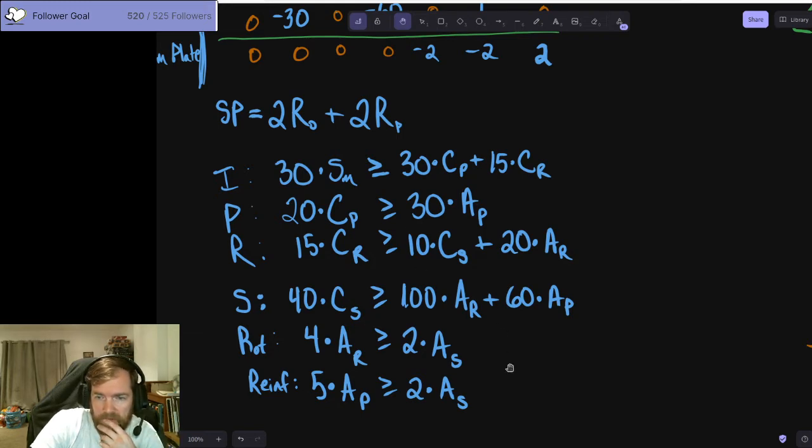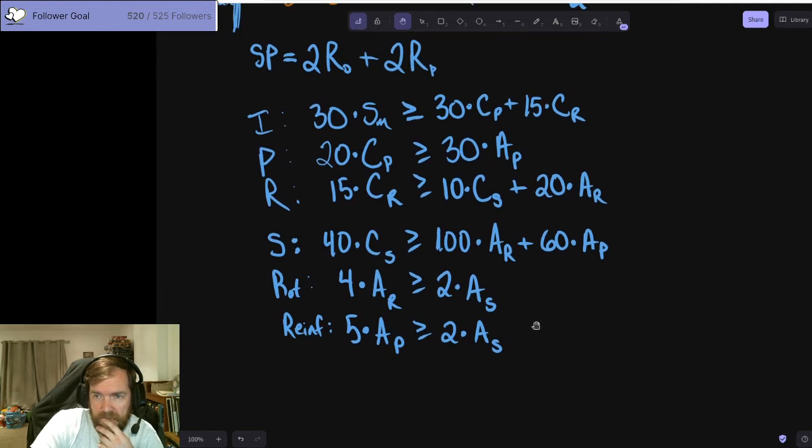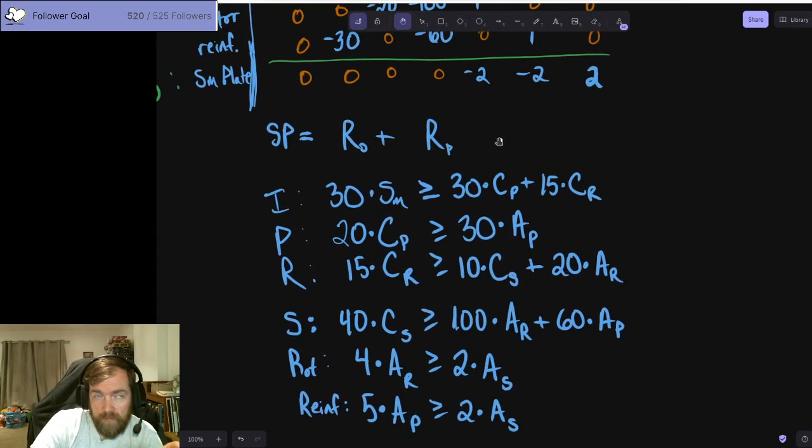So in theory, this is the nastiness that we get for all this. The ratio there is 1 to 1 to 1 on reinforced plate and rotors becoming smart plating.